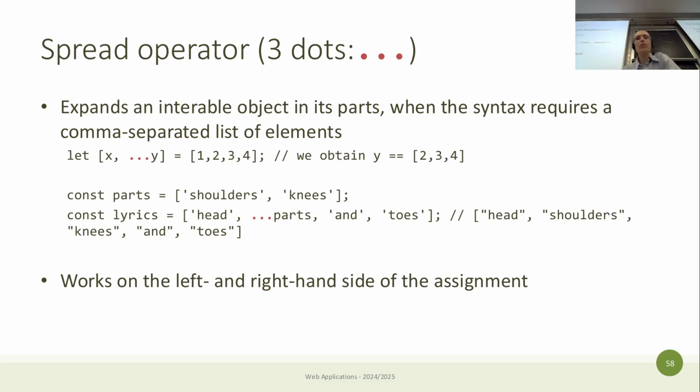You see the example: x, y, 1, 2, 3, 4. We have two variables on the left and four elements in the array on the right.